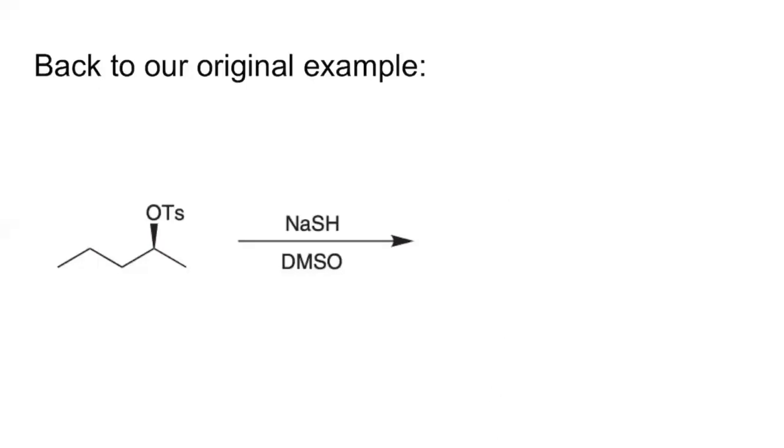There we go. Okay, so we're going to go back to our original example, and we're going to see again that we have this OTs molecule with NaSH and DMSO, and like Sydney said, DMSO is going to be a polar aprotic solvent.